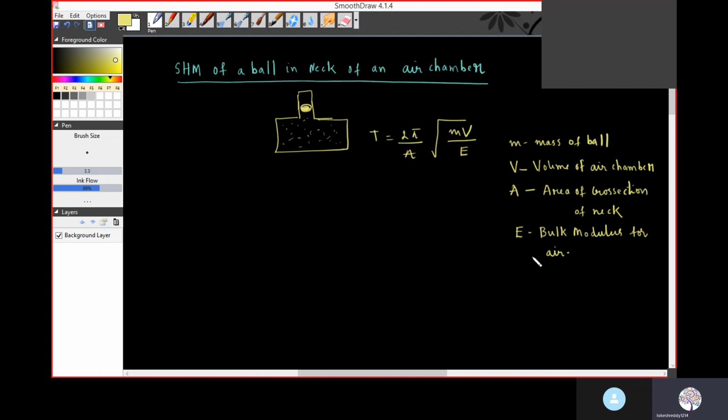That is the SHM of a ball in the neck of an air chamber.